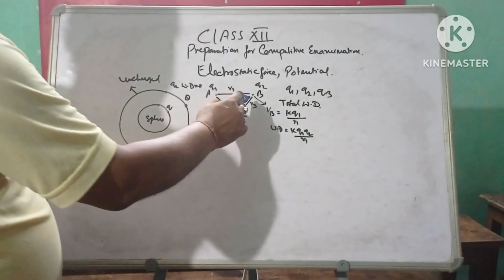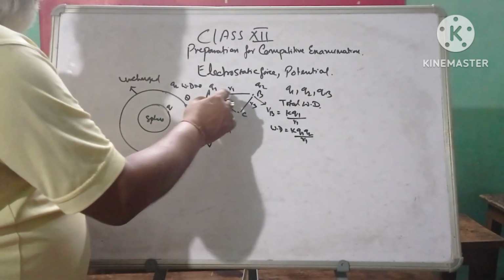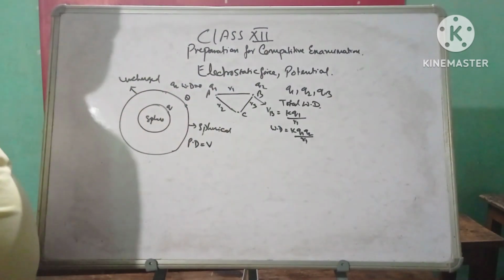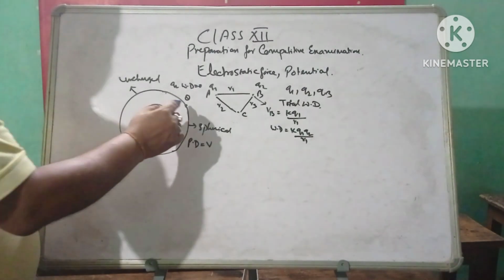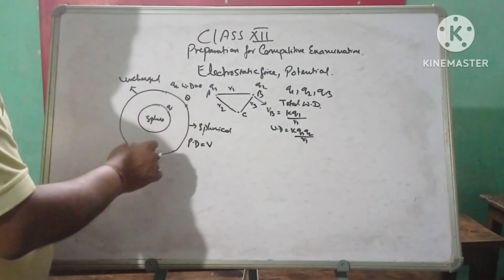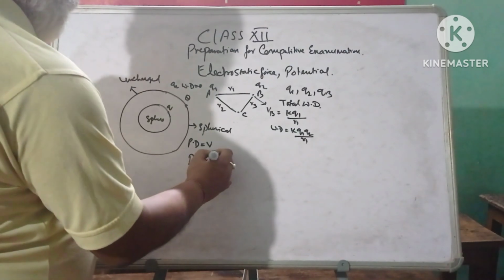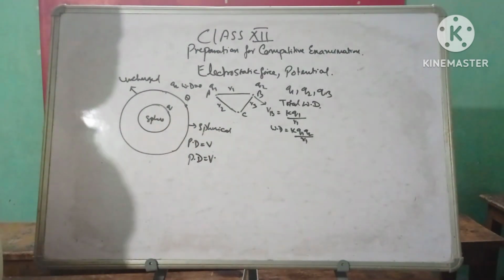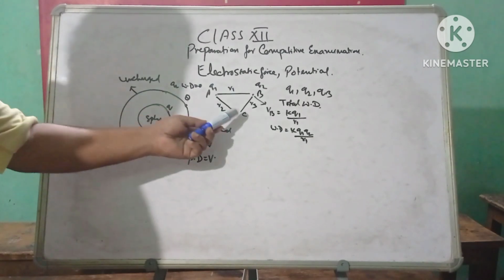Again the same thing: when you bring this charge here, we do not do the reverse calculation. So even if you bring this charge Q onto the uncharged surface, your potential difference will remain the same. Such basic concepts come from this simple theory.